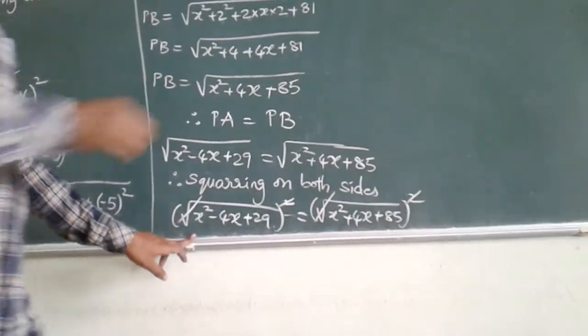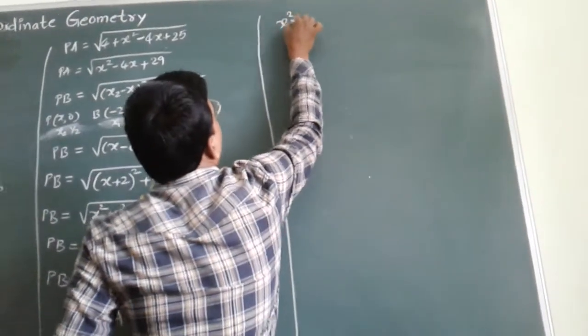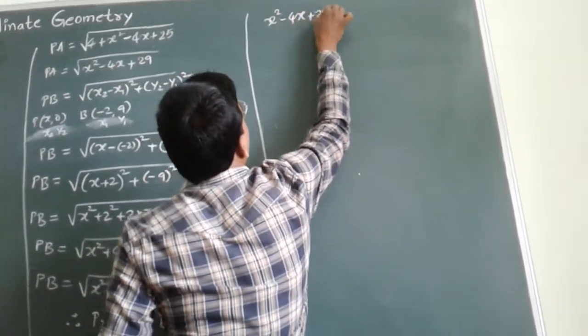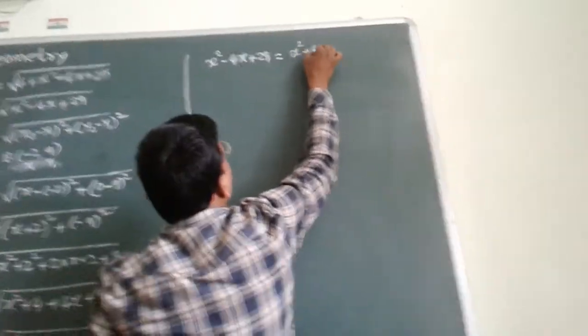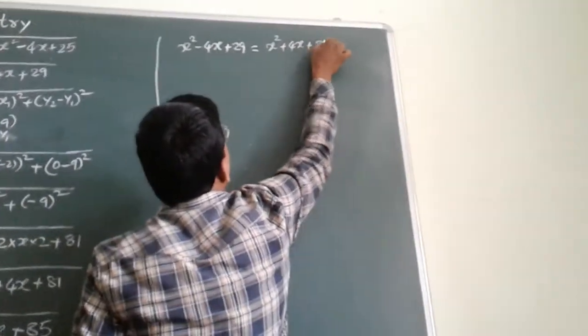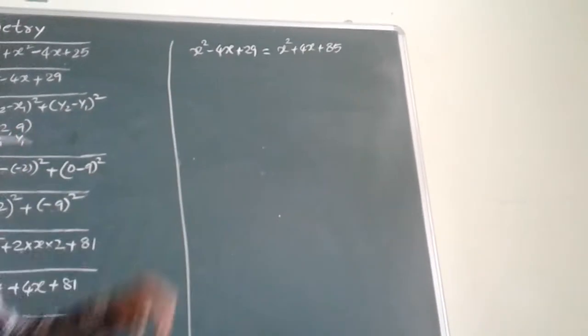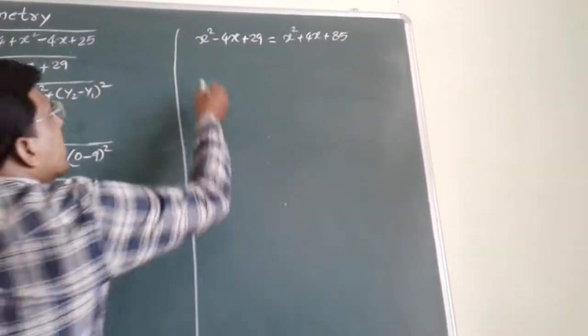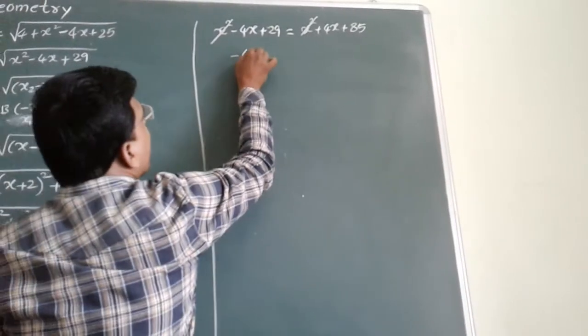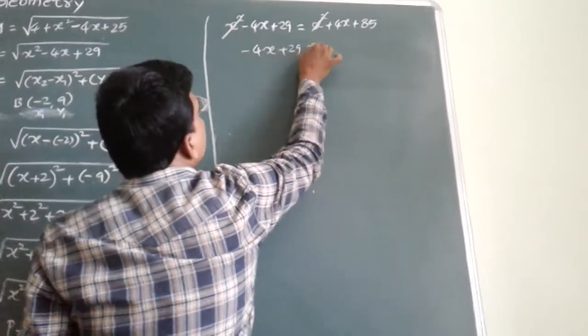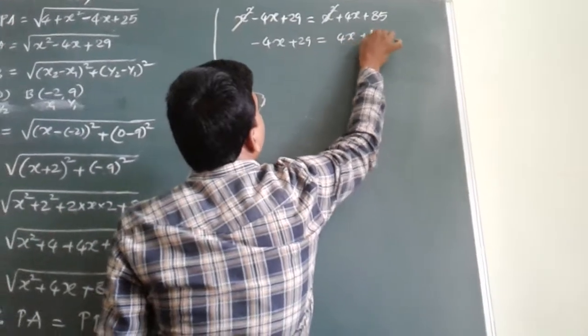So write the remaining terms. x square minus 4x plus 29 is equal to x square plus 4x plus 85. See, on both sides we have the x square term, so we can cancel it. Then write the remaining terms. Minus 4x plus 29 is equal to 4x plus 85.